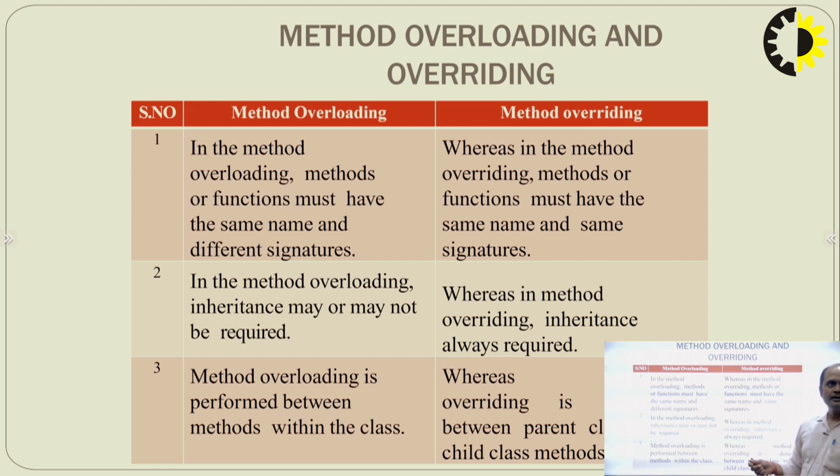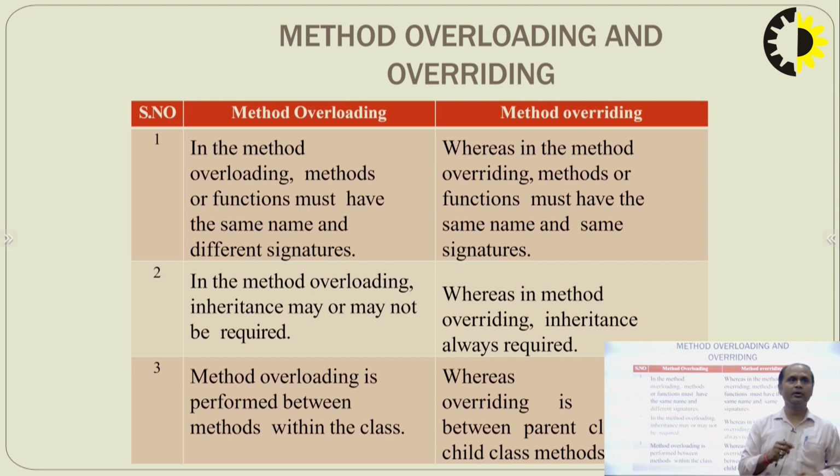On the other side is the concept of method overriding. What is overriding? When we use the same method or function name and also the same signature, meaning we pass the same parameters in that particular function. Suppose we use the same function name in the child class and the parent class, with the same parameters.